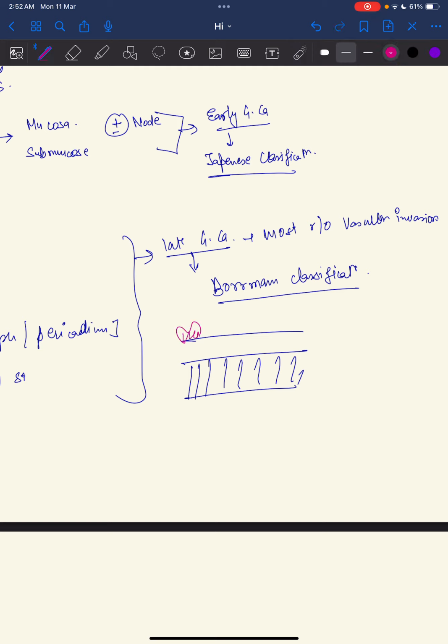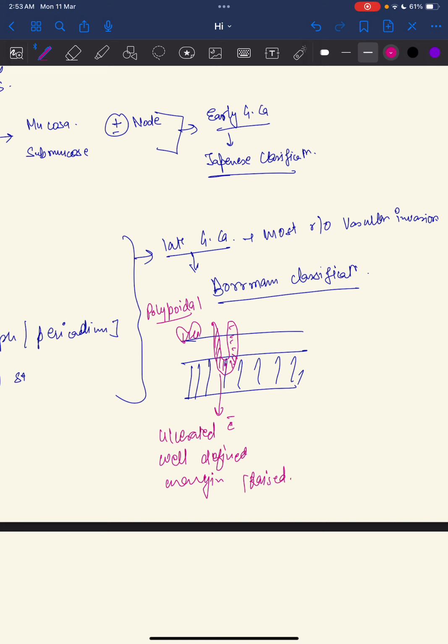Type 1 is polypoidal, and type 2 is ulcerative with well-defined margins. I'm ulcerated, but I have a raised well-defined margin, so it is ulcerative with well-defined margins which are raised.